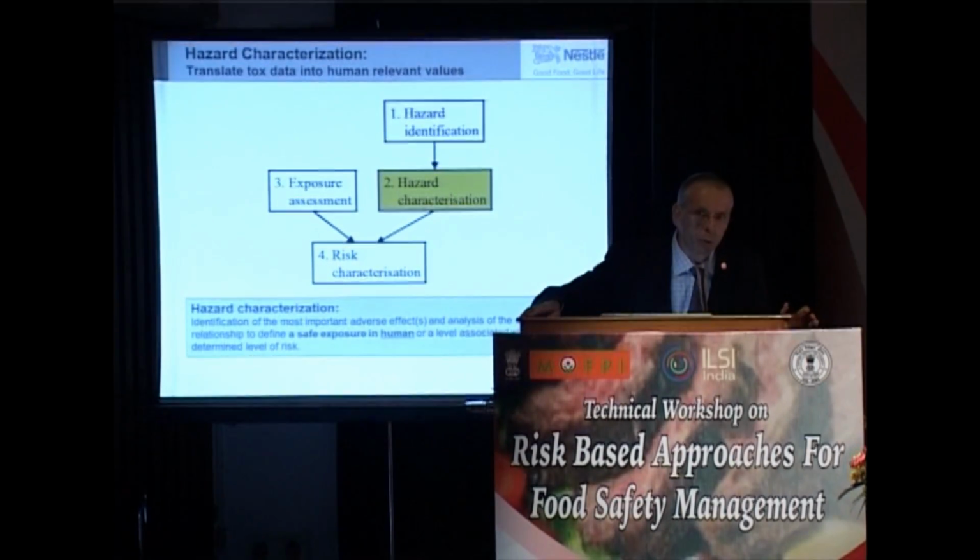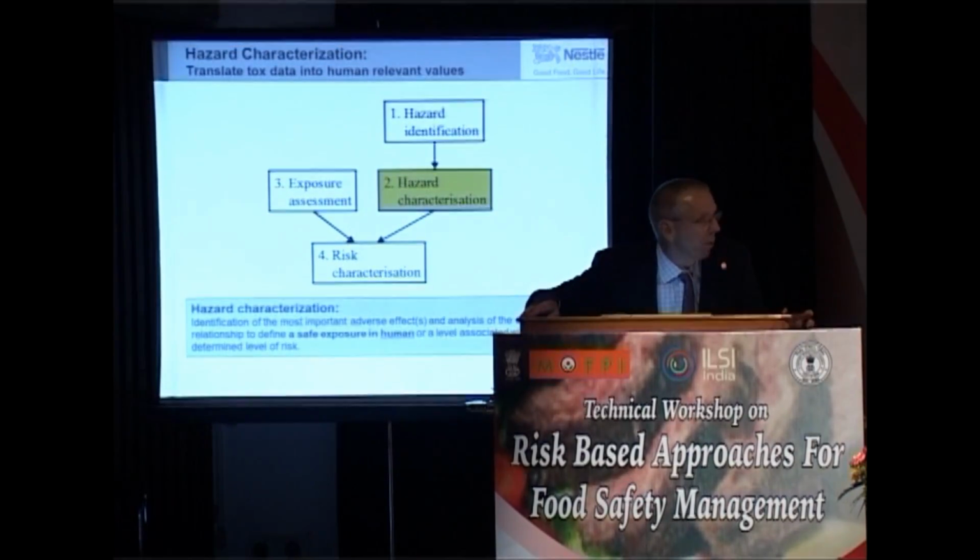And actually you need to translate this toxicological database into values which are of relevance for humans. And then with this value you can compare to exposure, and this is the process of risk characterization.